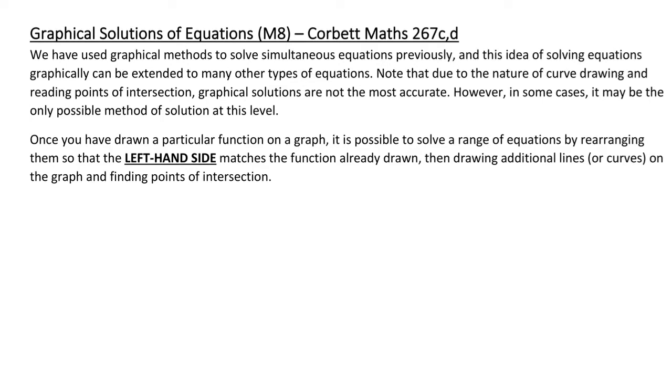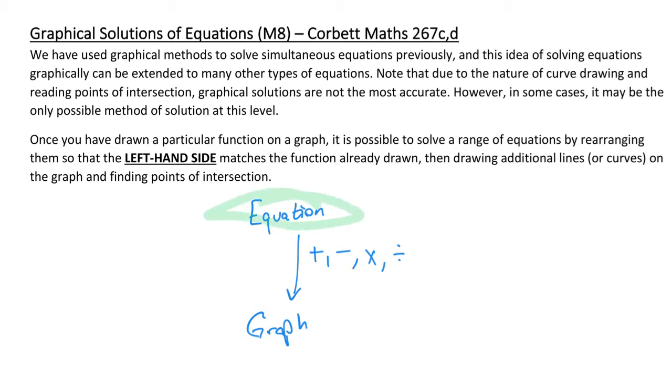So what we need to try and do is manipulate the equation we're trying to solve, and by means of adding, subtracting, multiplying or dividing, get it to the form of the graph. So the key to this is we're trying to manipulate it to get from the equation to the graph.